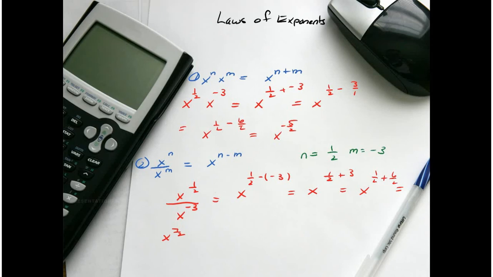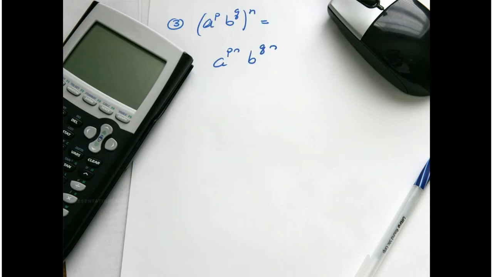But many people are not careful with this when it's part of a longer calculation and then get it all messed up. So I would advise actually saying what your n and m are at the beginning when you're first starting these problems, to ensure you don't make a mistake. Here's another one: a to the p, b to the q in parentheses raised to the n.